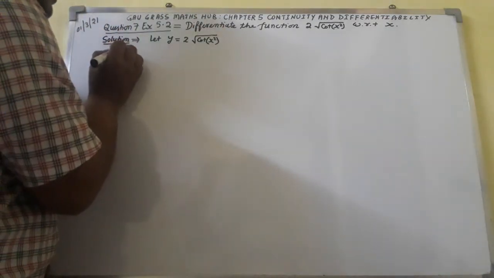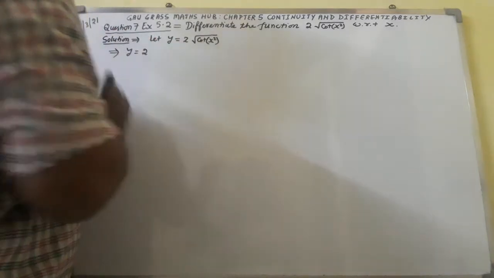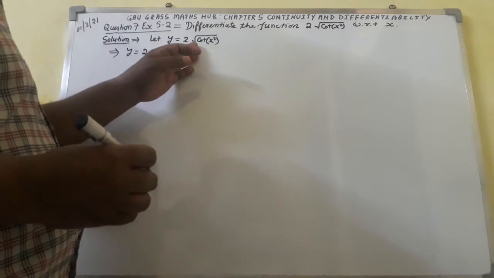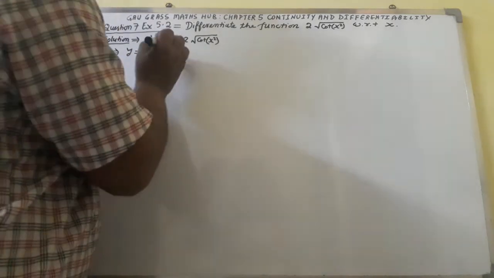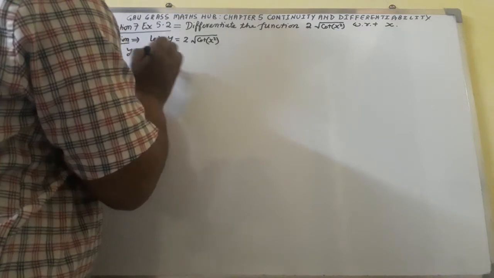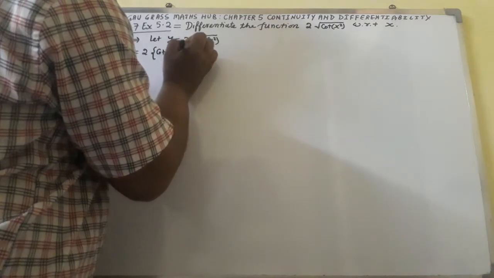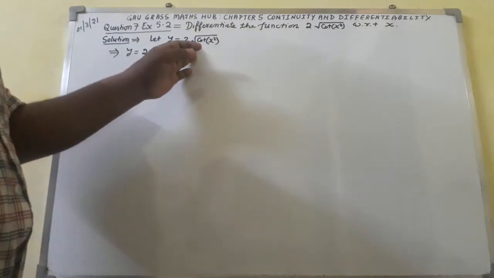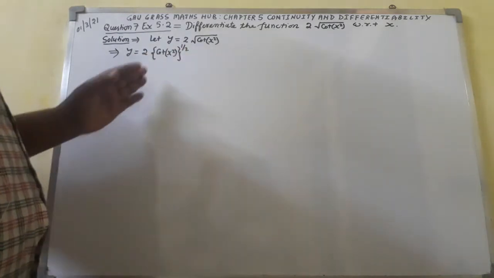This implies y equal to 2, and the term under root cot x square can be written as curly bracket cot x square curly bracket close raised to the power 1/2. If you remove the under root, you can put the power 1/2. This can be written as it is.